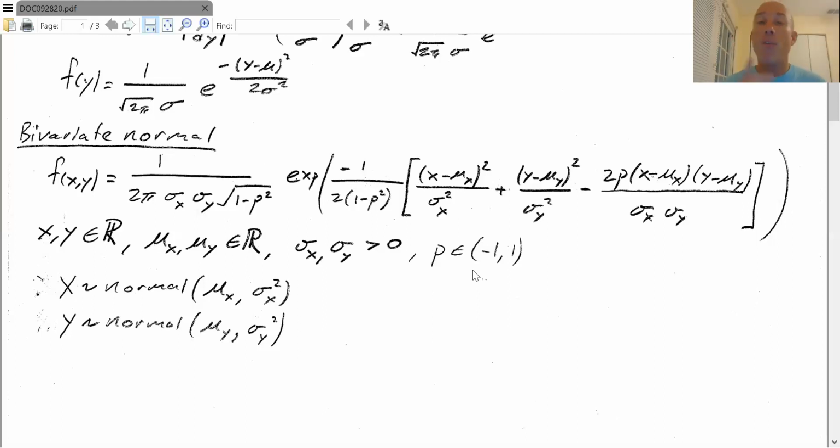Why is that? Because if it was perfectly 1 or perfectly -1, then there would be a functional relationship between x and y instead of a statistical relationship between x and y. If I have perfect correlation, then really, from our point of view, we only have one random variable.